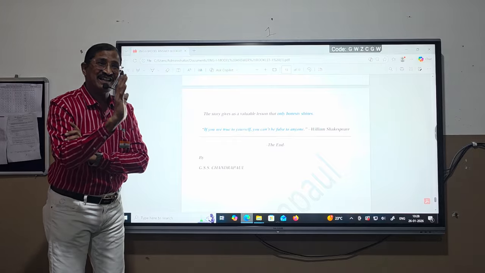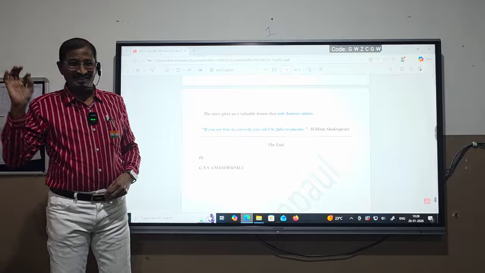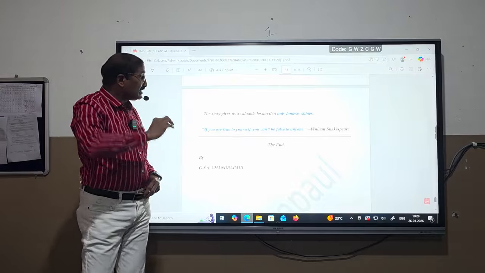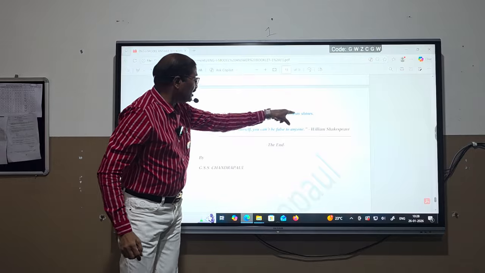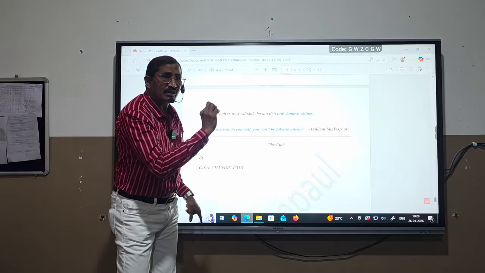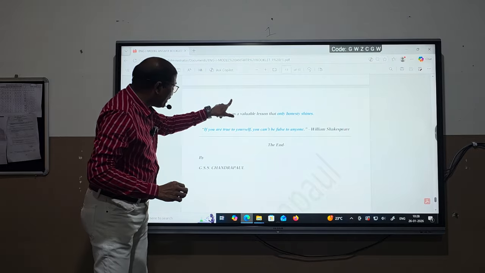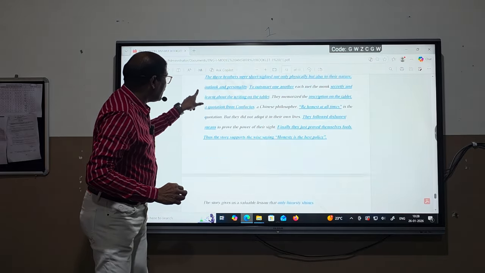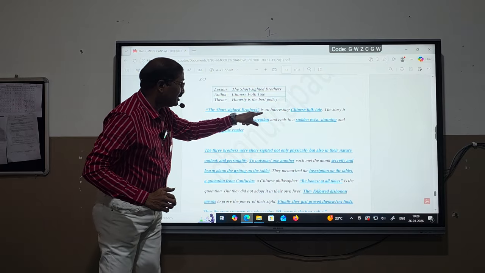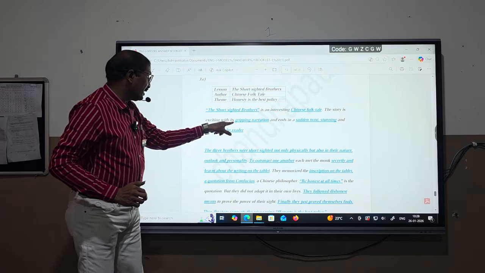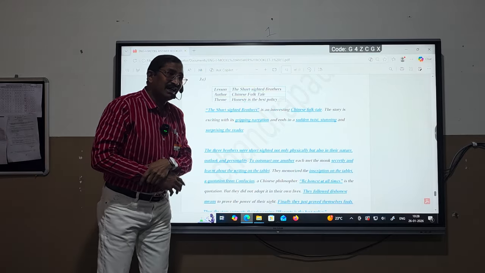In section A, now take sketch pens. Sketch pens or any other color that is different, but I cannot underline it. That's why I made it like this. Make underlining of some important parts. For example, see here how I underlined the short-sighted brothers, Chinese folktale, gripping narration, sudden twist, stunning, surprising the reader.